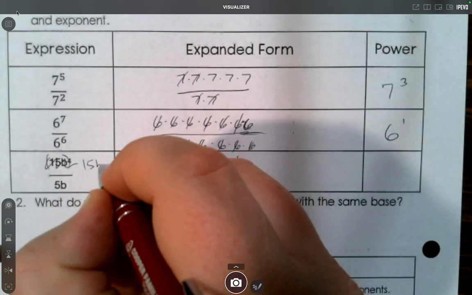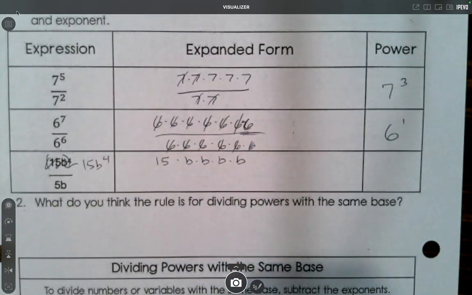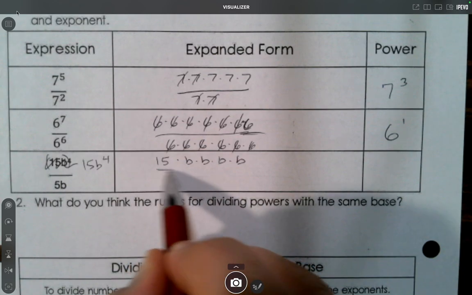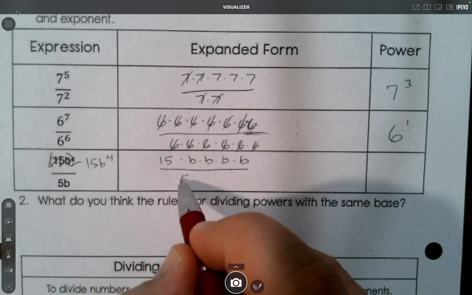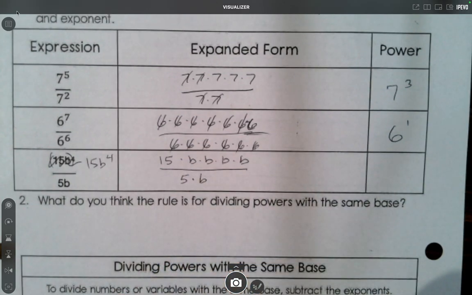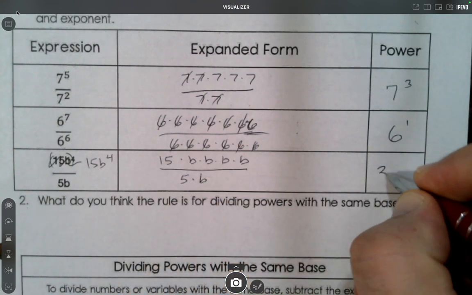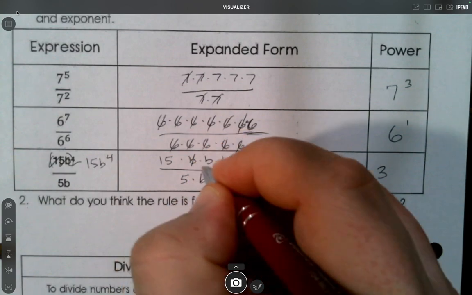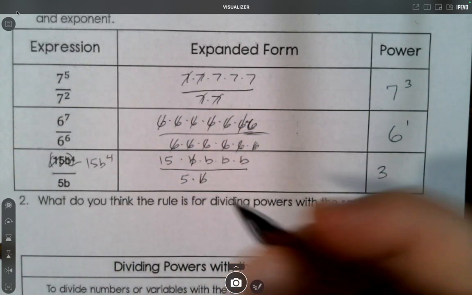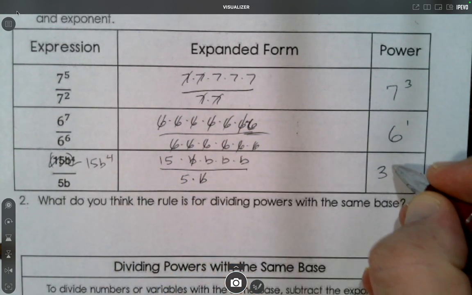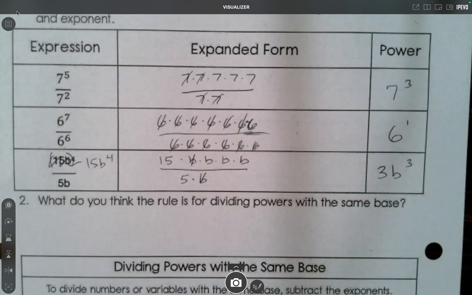They just wrote 15b to the 4th. So only the b is being raised to the 4th power. So on the bottom, the 5 times 1b. So 15 divided by 5 is 3. b divided by b is 1. And we'll have 3 b's on top, which leaves us 3b cubed.